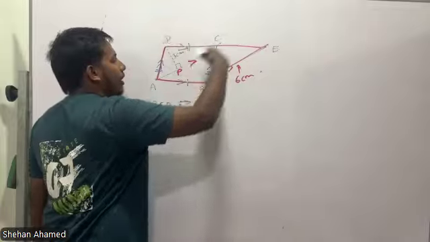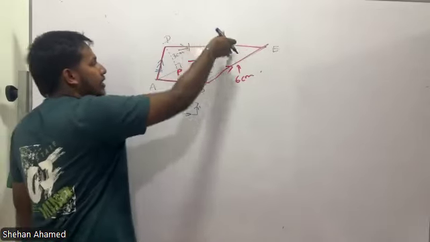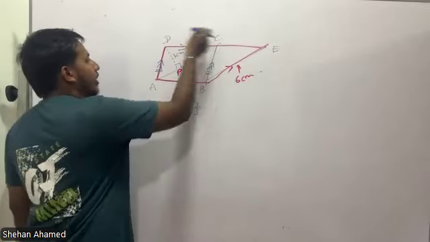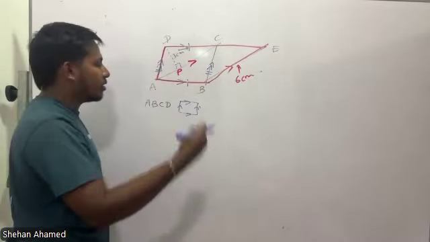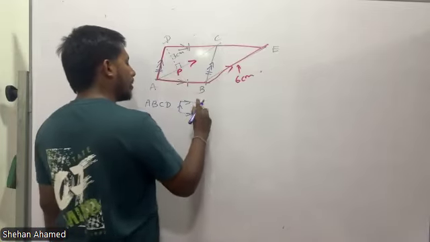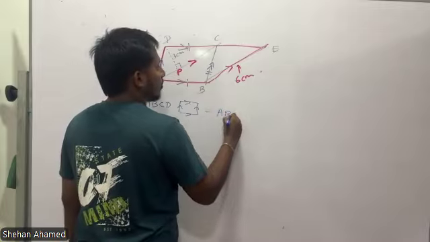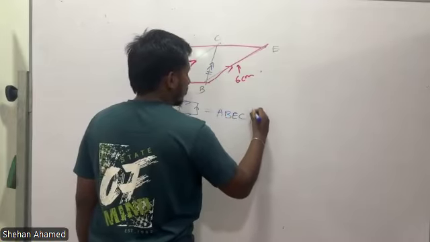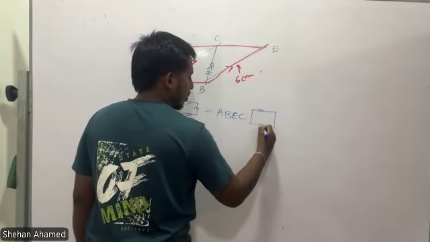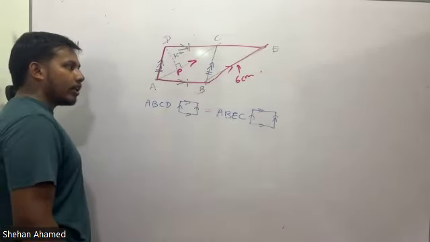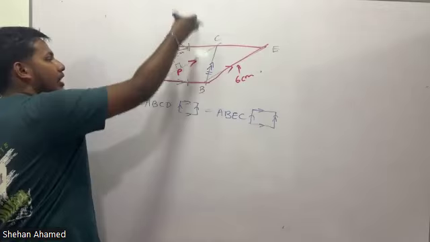So the ABEC parallelogram and the ABCD parallelogram are both equal in area. The reason is same base and same pair of parallel lines.